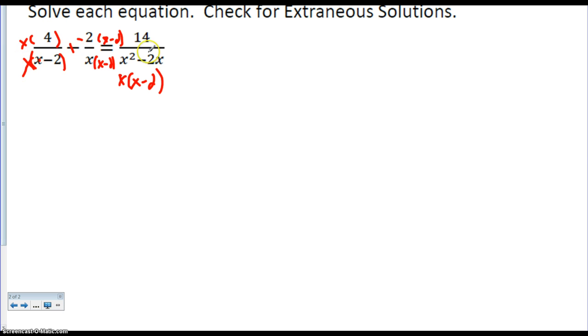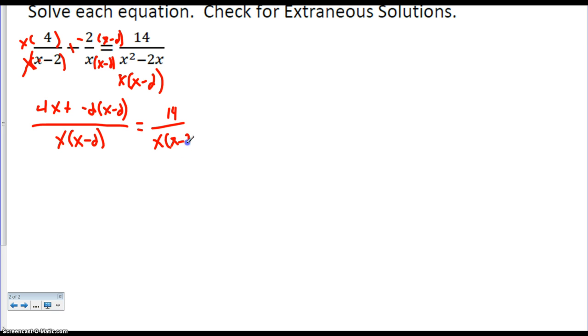So because the denominators are all the same across the board, let's see what we got here. We got 4x plus negative 2 times x minus 2 over x times x minus 2 equals 14 over x times x minus 2.